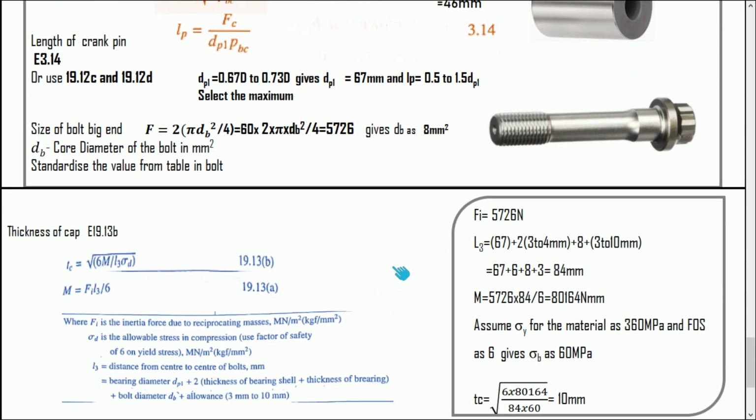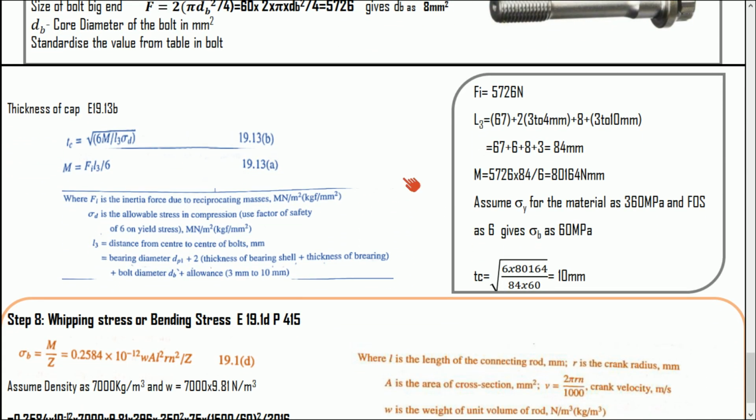Now we have to calculate the thickness of the cap using the equation Tc is equal to root of 6M divided by L3 into sigma d. These two portions have so many calculations and you may find it difficult, but please don't worry. Where M is Fi into L3 divided by 6. Fi is the inertial load that we have already collected.